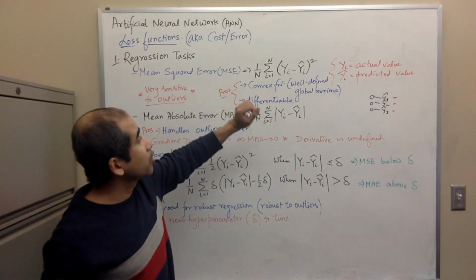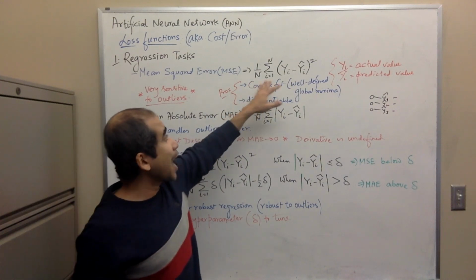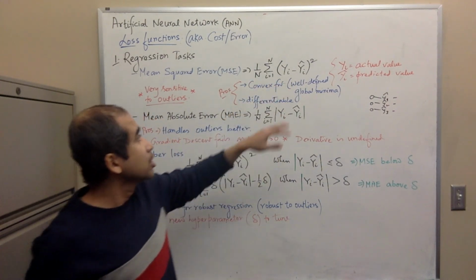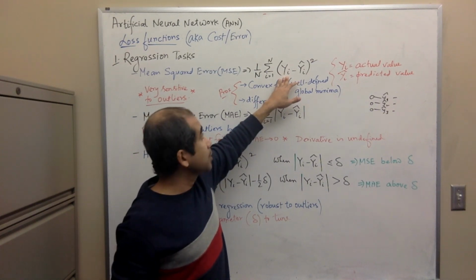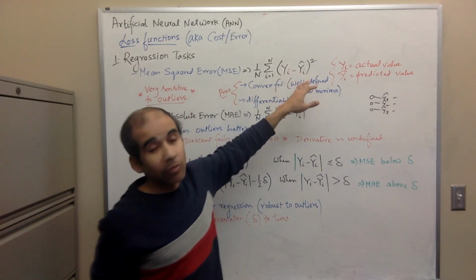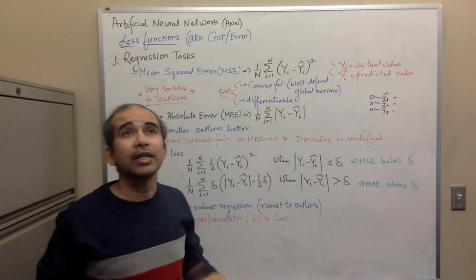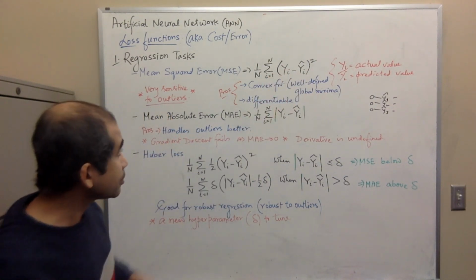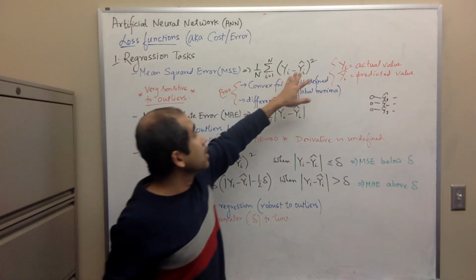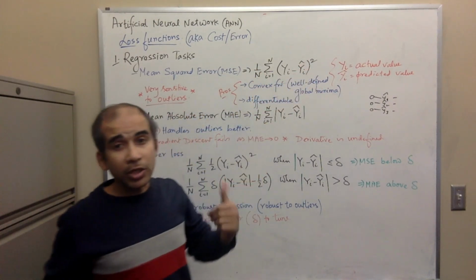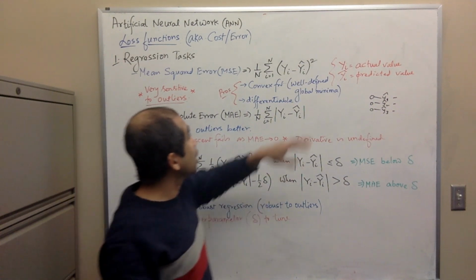We have already seen this multiple times: it is the average of the differences. This is the actual value in the training data, and this is the predicted value. We find the difference like we did in linear regression and other cases, and then we average it. So it's the average of the squared error. There is one thing: this is squared.